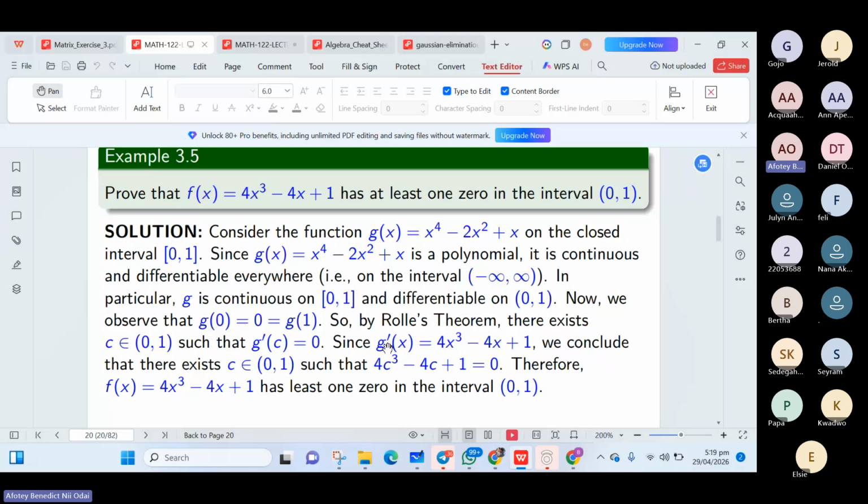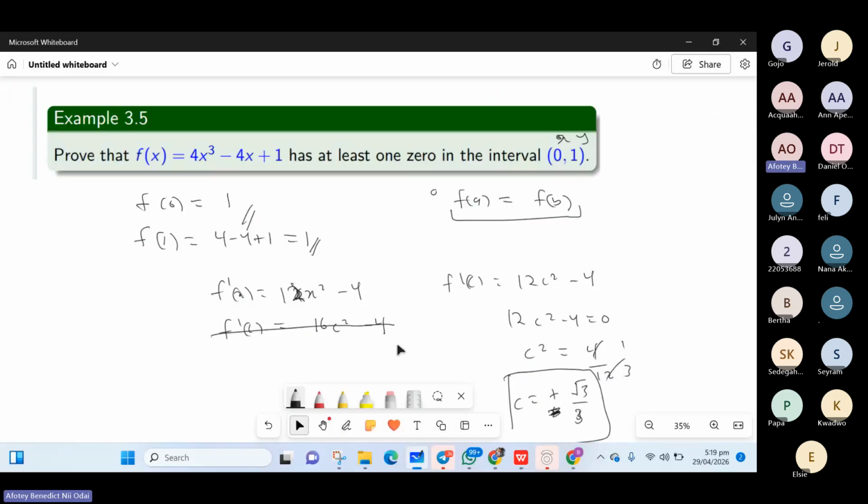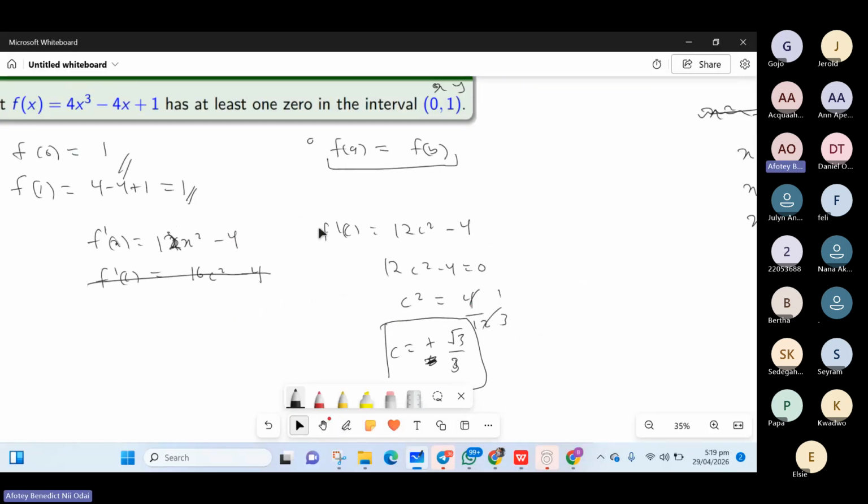So what we actually did was that we were finding the value c that is in the interval, the zeros that were in the interval, but you don't have to do that here. I was just trying to show that you could actually get your c by finding the differential.